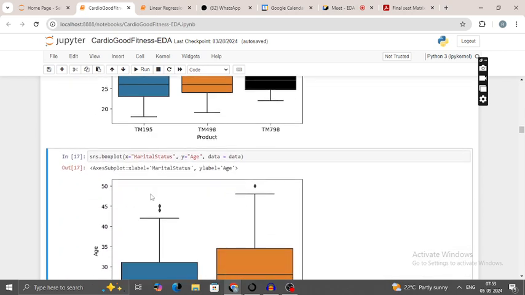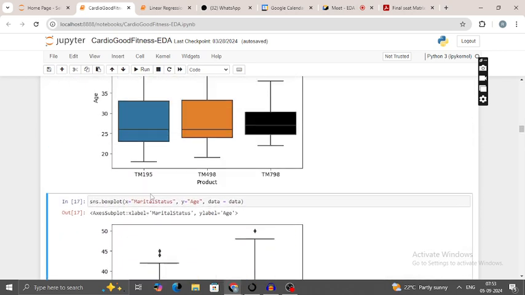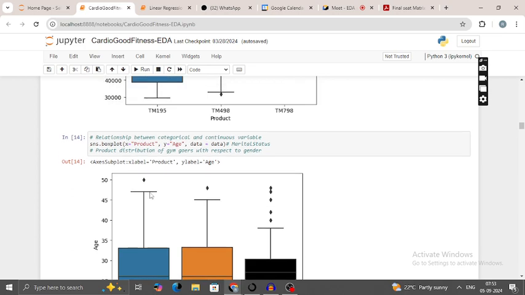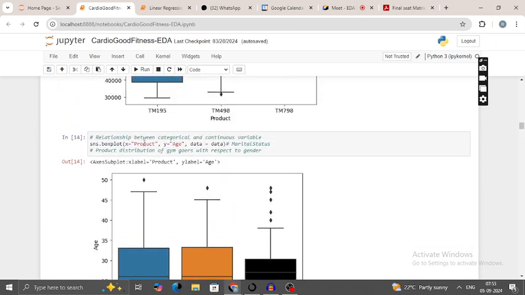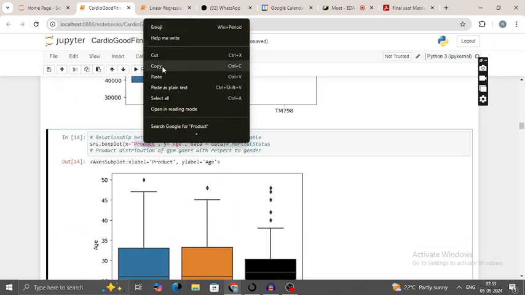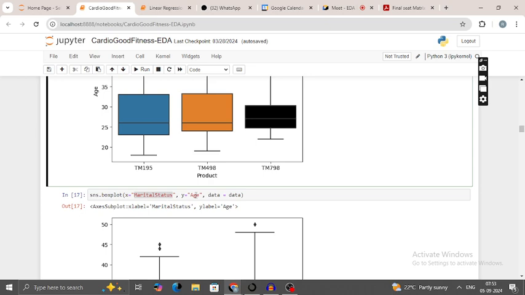And similarly, if you want to check marital status, okay, check marital status versus age, or versus whatever you want. I want to check product. Let us check the product versus the marital status. So I will put this here.